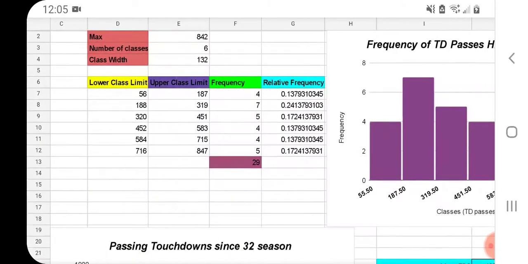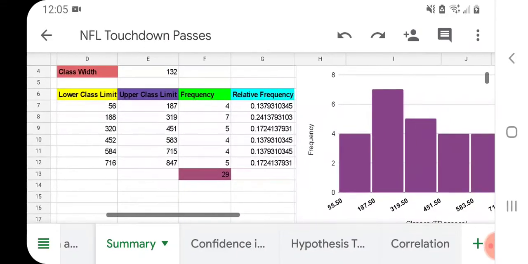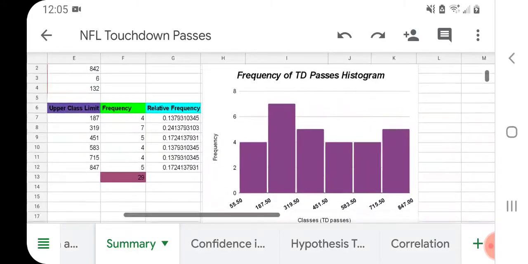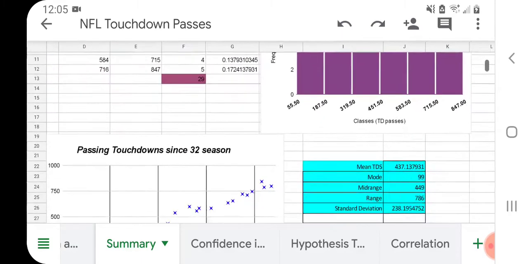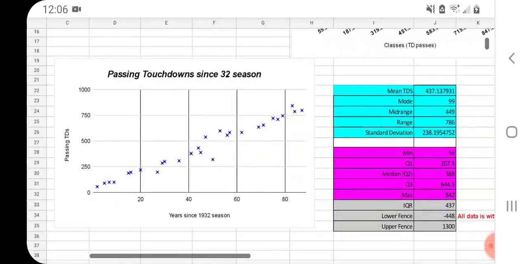Here are all the class limits, the frequency in each class, and then the relative frequency. Here's a little histogram. It was all spread pretty evenly across each class. The 188 to 320 touchdown class was a little bit higher than the others, but for the most part, they were all pretty even.